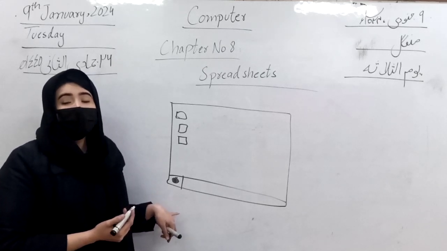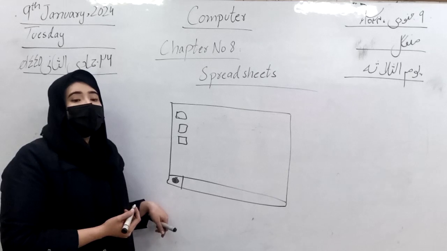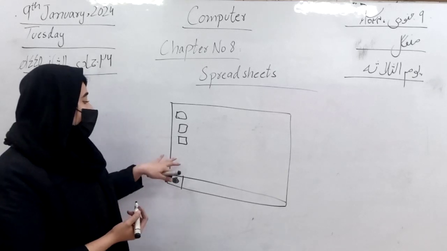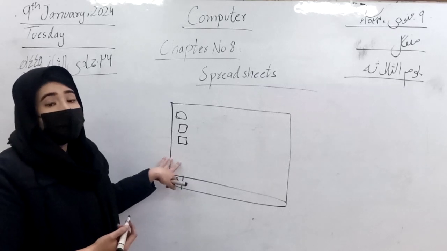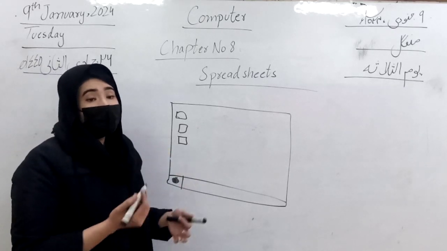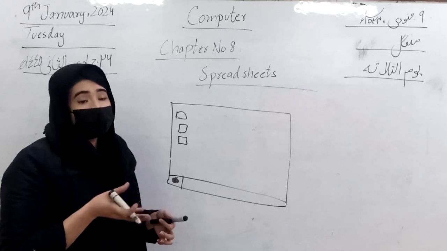Then, yes, very good. You get a menu, which you can also call a pop-up menu, because in computer language a menu is a pop-up menu since it has multiple choices.